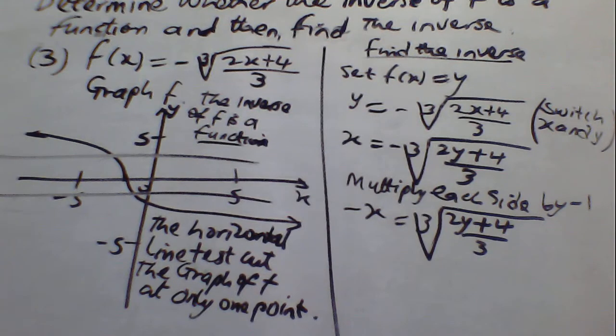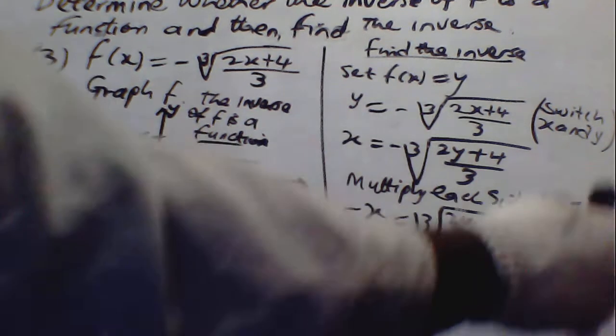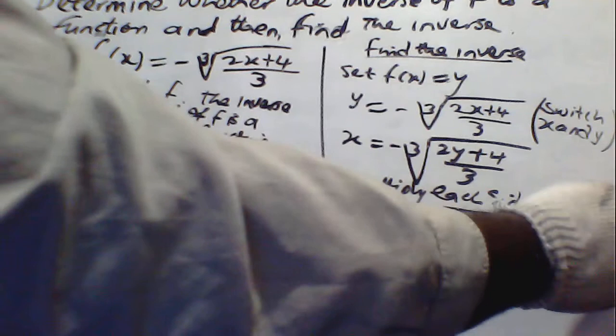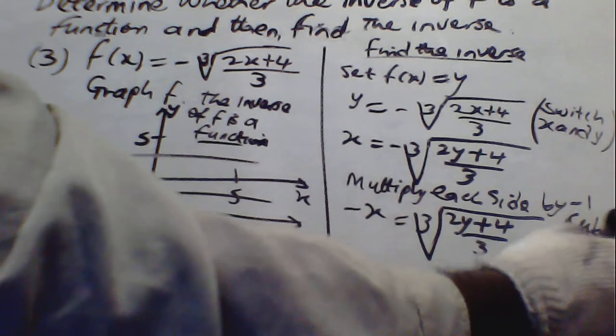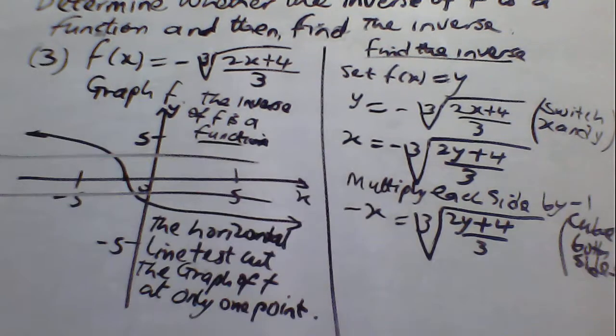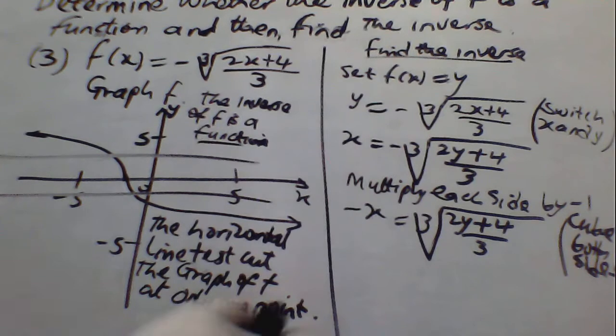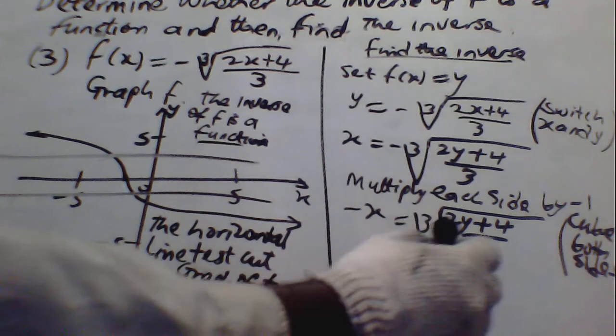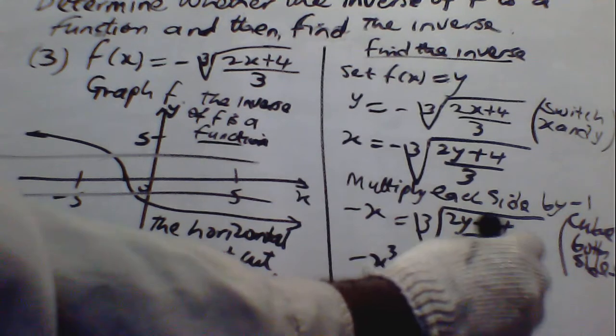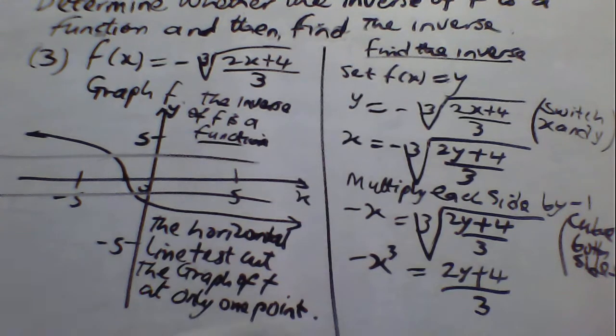Then the next is to find the cube of both sides. We have minus x raised to power 3, which equals (2y plus 4) divided by 3. I hope you are following.